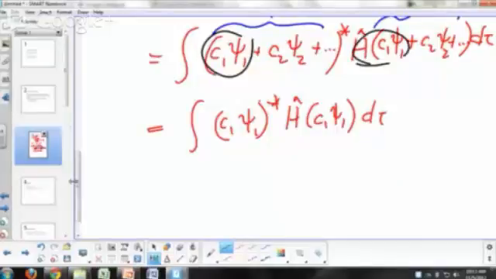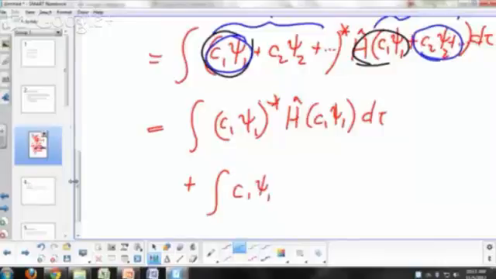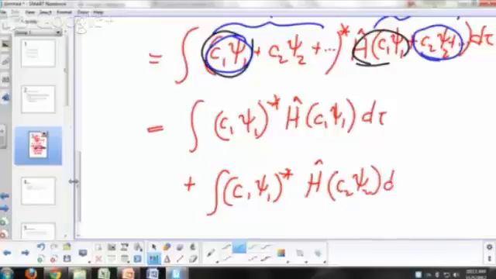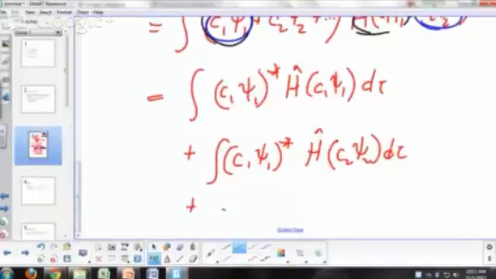Then let's do this one and this one. What would that be? The integral of C1 psi 1 star h hat C2 psi 2 d tau, and you're going to have two more terms.